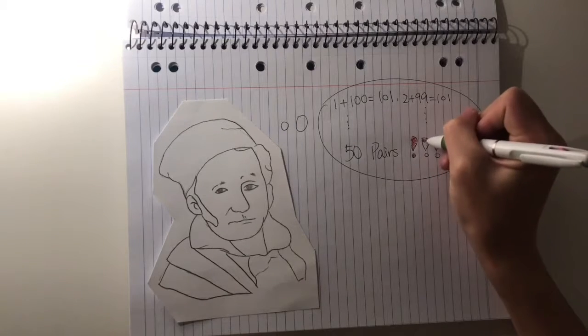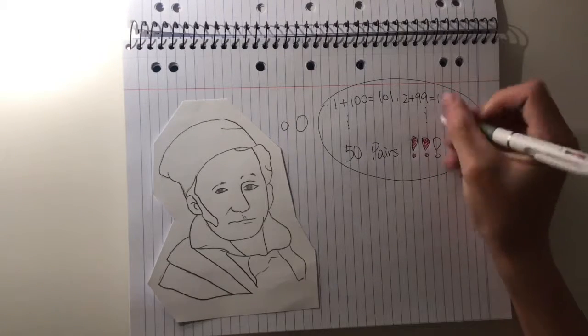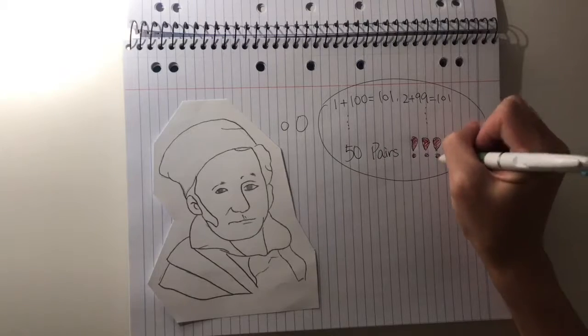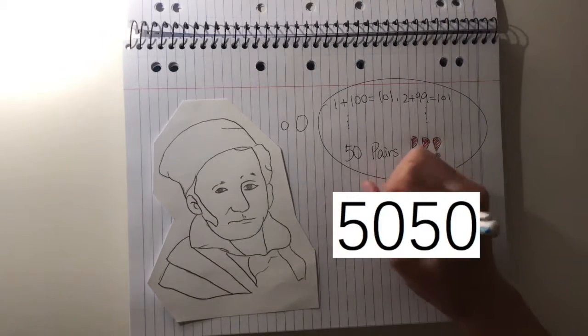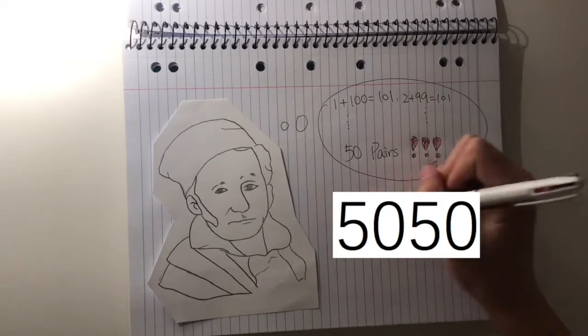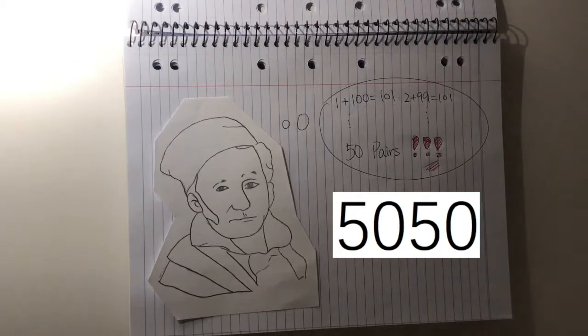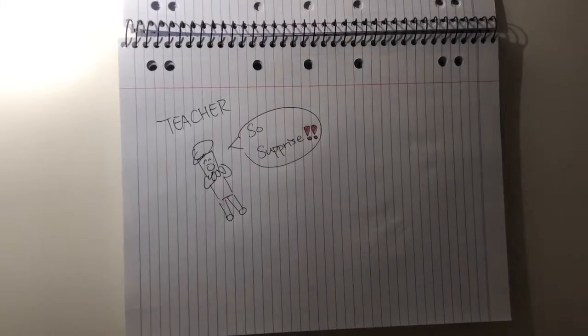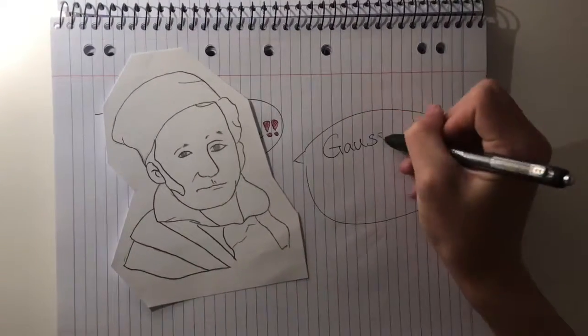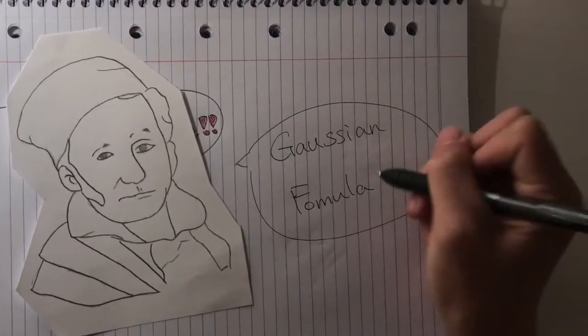And there are 50 pairs of these combinations. So the answer should be 101 times 50, which is 5050." That's the story of how Gauss found the Gaussian formula.